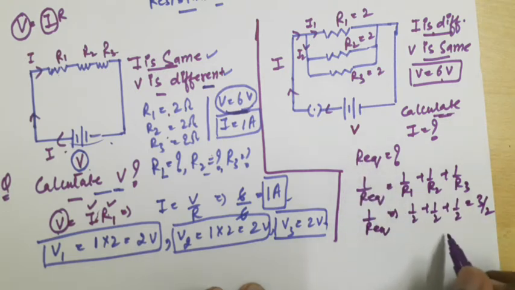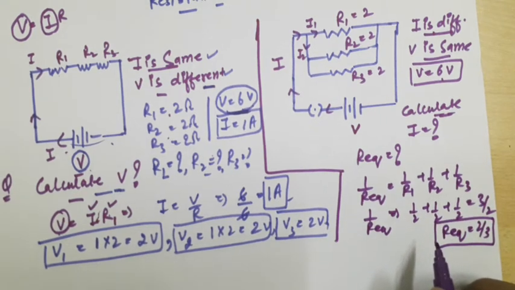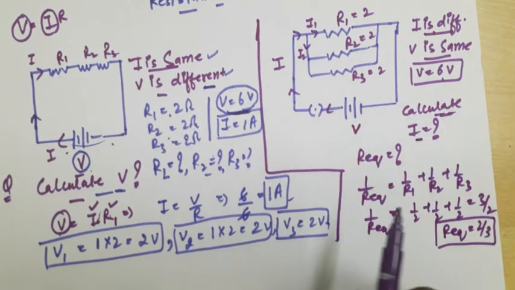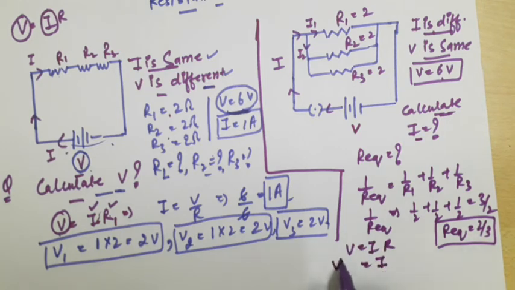So we take its reciprocal, it will become 2 by 3. So this is your R equivalent, and what you have to calculate is the current for the complete circuit. Then V is equal to IR, so I will be equal to V by R.